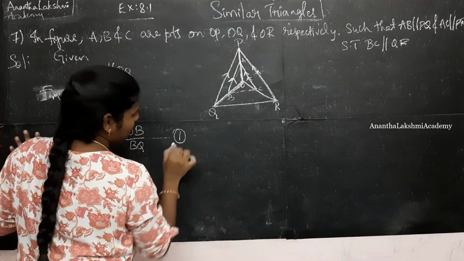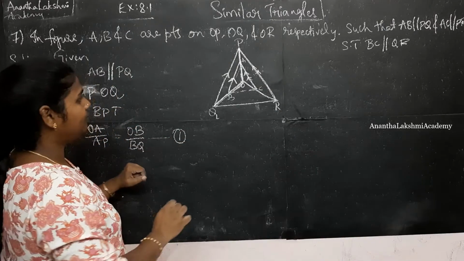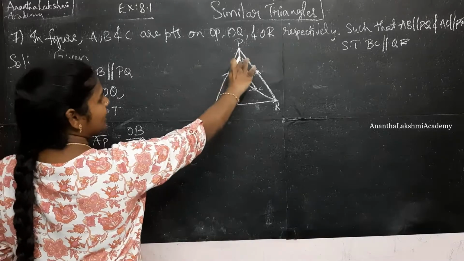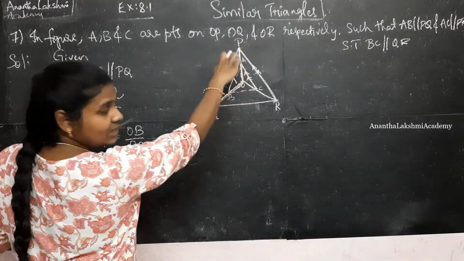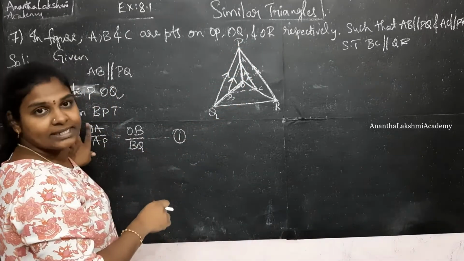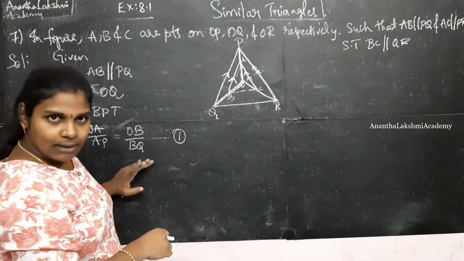And this is going to be our equation number 1. When this line is parallel, it splits the other two sides in equal ratios. That is what our BPT says, and that is what is written on the board.